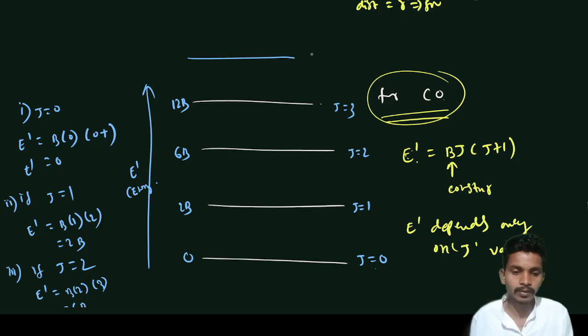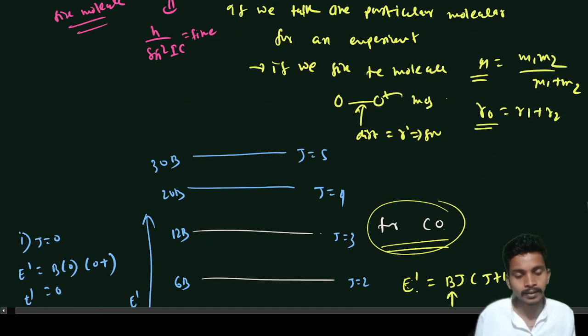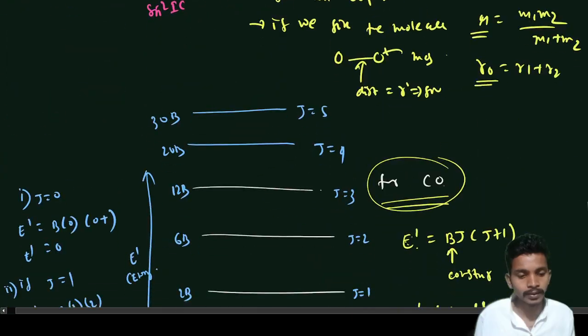Like this it is going to become, J equal to 4, then this is going to become 20B. Like this we can calculate by putting the J value, J equal to 5, then this is going to become 30B. Okay, so these energy levels are derived by using this equation.